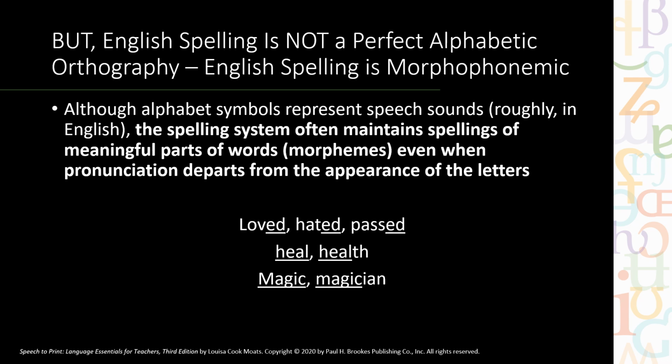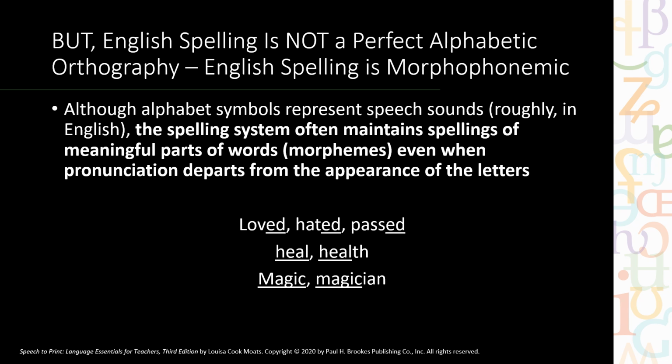Loved, hated, past. We have the "d" sound in loved at the end, the "id" in hated, and a "t" sound in past. All of those, though, are the past tense morpheme ed, right?